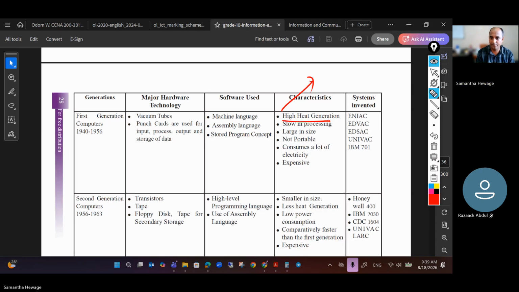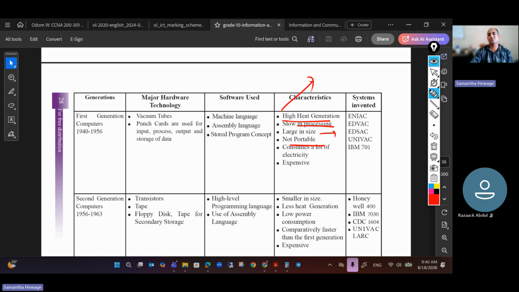Slow in processing: yes, this was the birth of the computer, so it was slow in those days. Large in size: yes, it was like a particular room, like a 10 by 10 feet room, the computer size. You just imagine. Not portable: you can't carry it here and there.